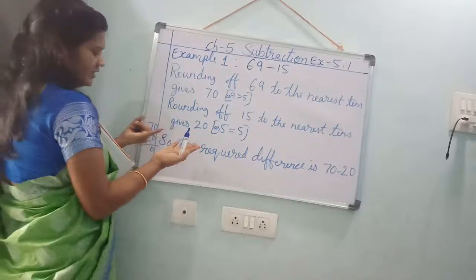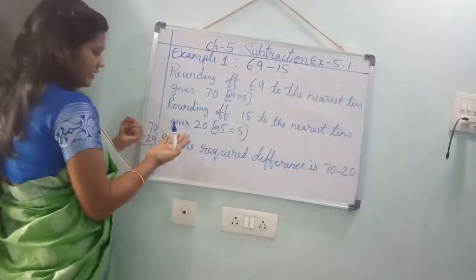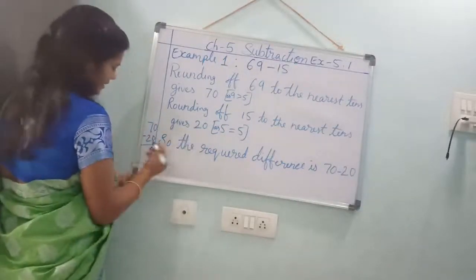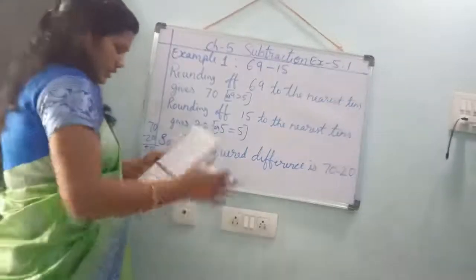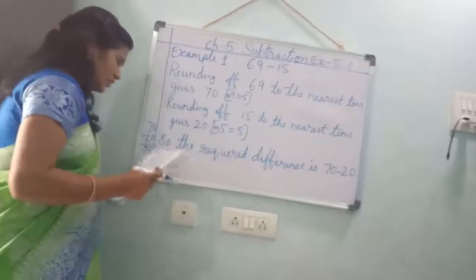Take out 7 fingers. And 2 minus, remaining how many? 5. That 5 you should write. What is that? 50 is the remaining amount. Understood, children?